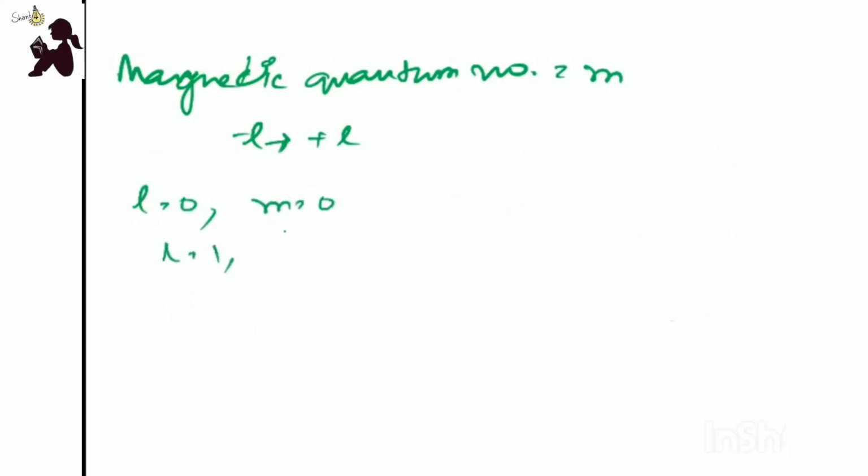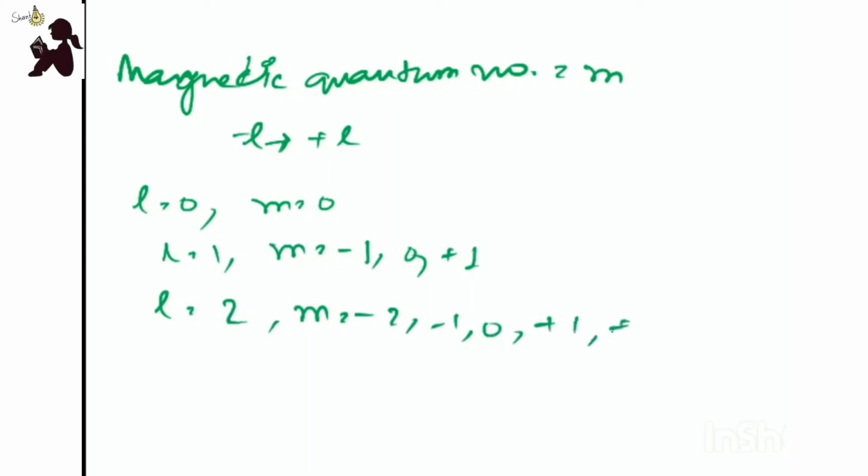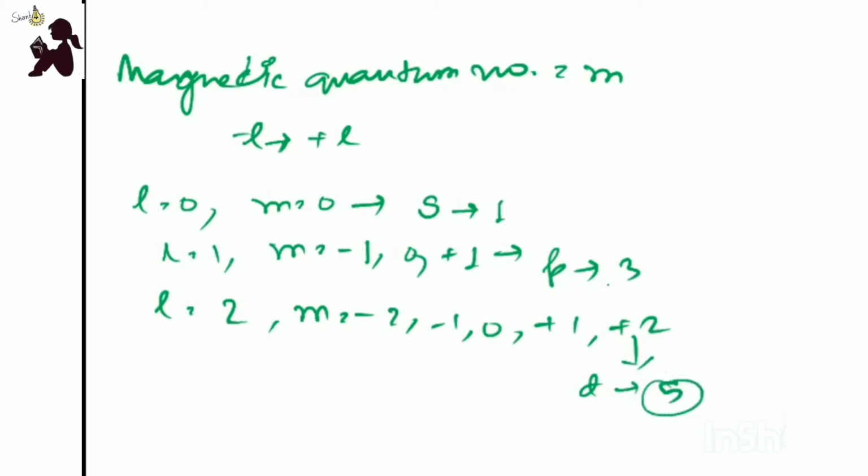But if L equal to 1, m can be minus 1, 0, plus 1. If L equal to 2, then m's value can be minus 2, minus 1, 0, plus 1, plus 2. That is why s has 1 orbital, p has 3 orbitals, d has 5 orbitals. Okay, so it is deduced from this.